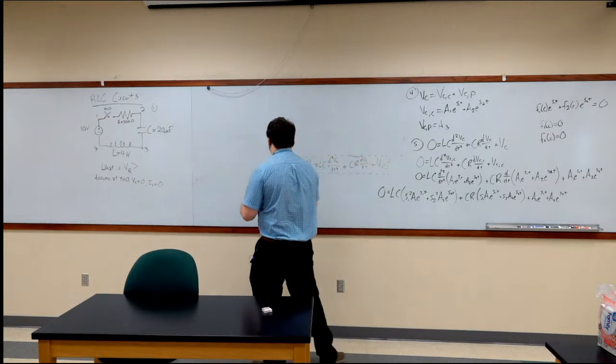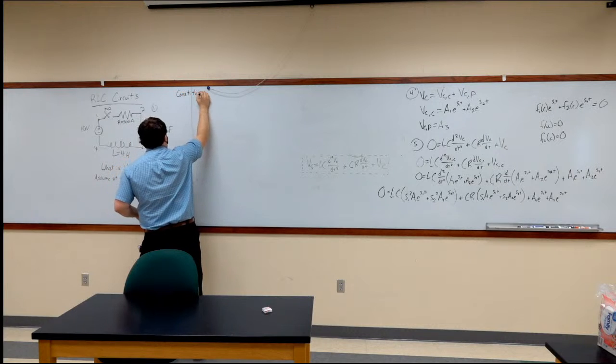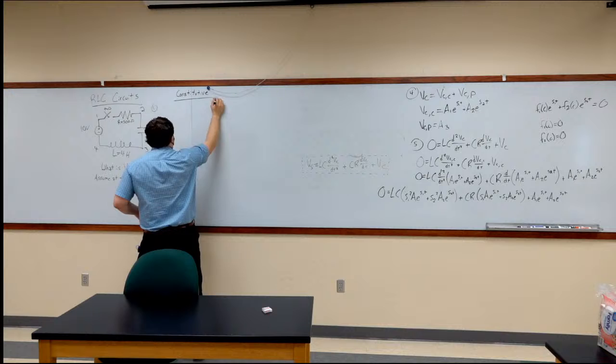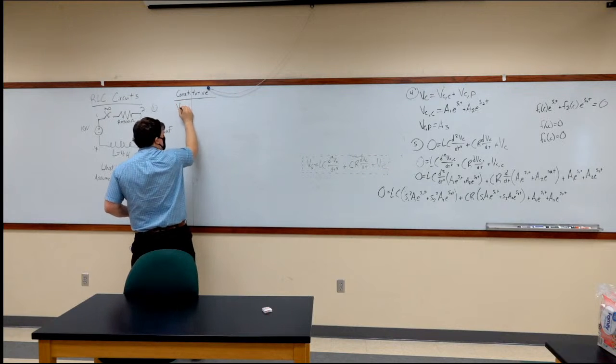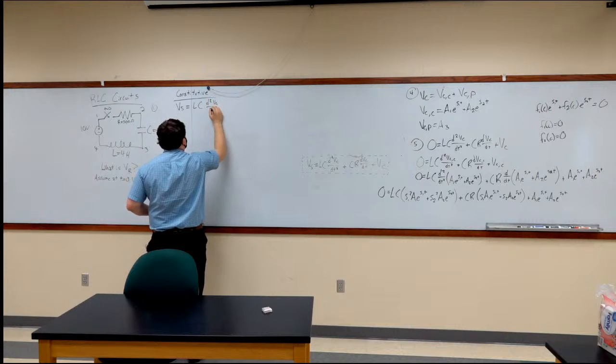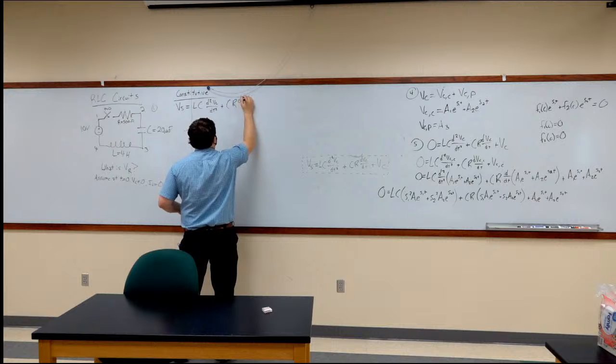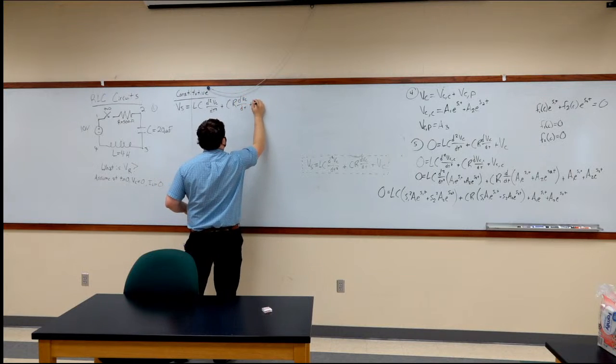I'm going to go ahead and rewrite this up here. So our constitutive equation is Vs equals LC d squared Vc dt squared plus CR dVc dt plus Vc.